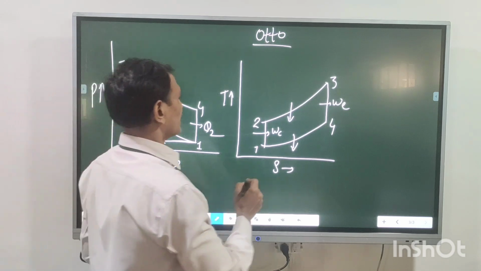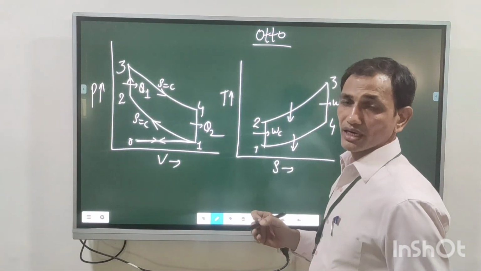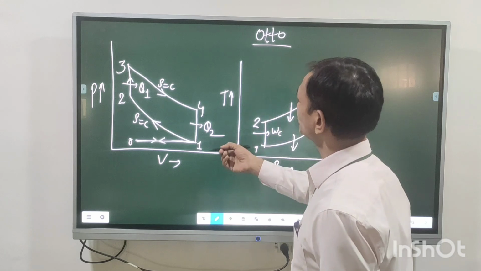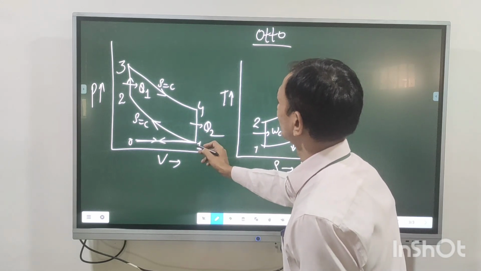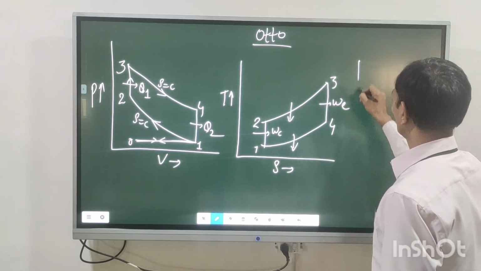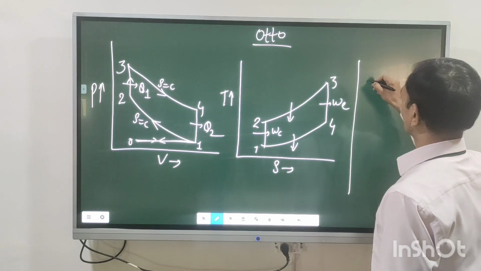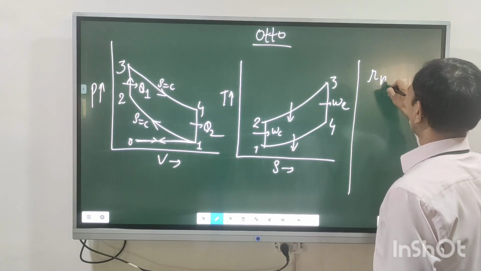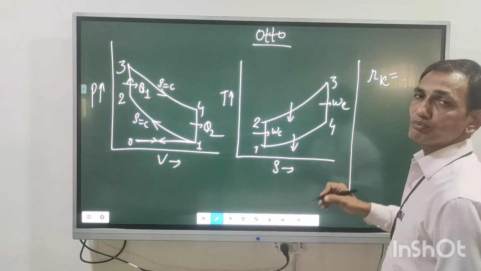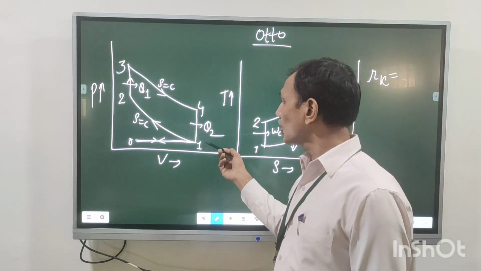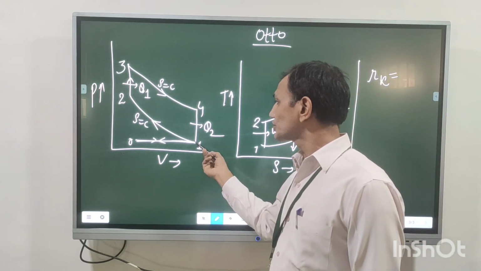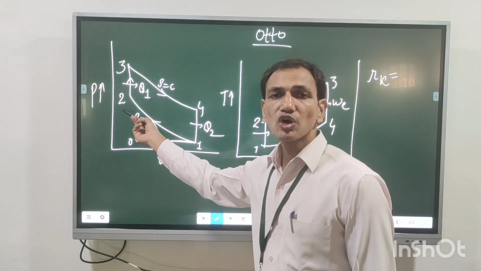Now here I am going to derive the efficiency of the Otto cycle. From process 1 to 2, at first the compression ratio is denoted by RK. Compression ratio is the ratio of the volume at the beginning of the compression stroke to the end of the compression stroke.